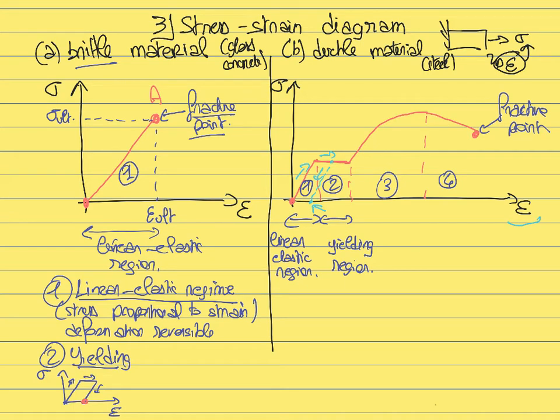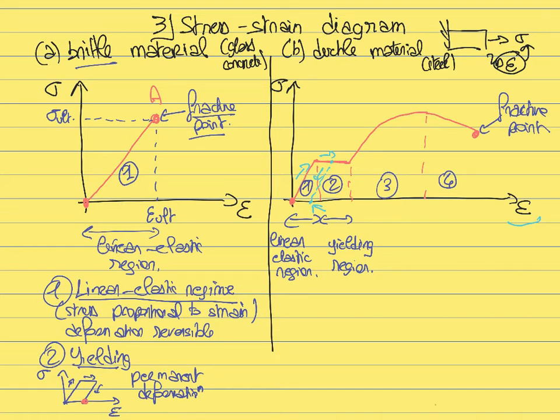Its strain remains non-zero despite the fact that the stress is zero. So now you will have some permanent deformation of the material. This is a key difference between the elastic regime and the yielding regime.